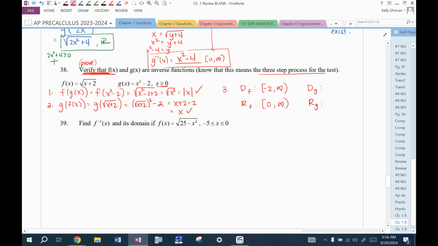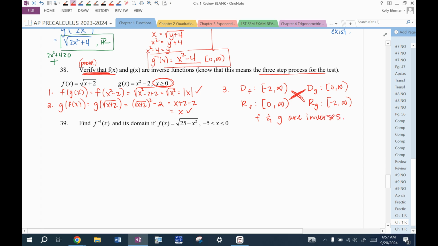The domain of g is normally all reals because it's quadratic, but here they gave us a domain restriction, so it's 0 to infinity. And then the range, because this graph has been shifted down 2, is -2 to infinity. So the diagonals do match here, which means the domain of f is the range of g and vice versa, and that's the behavior of inverse functions. So f and g are inverses.